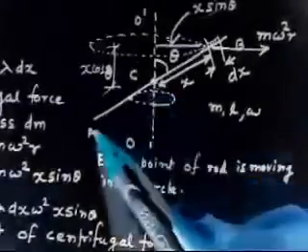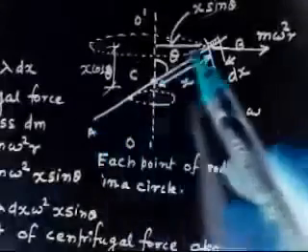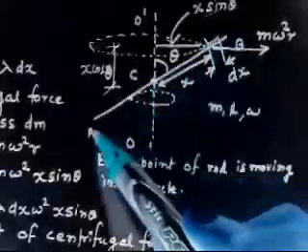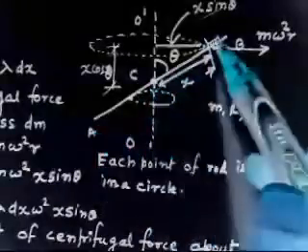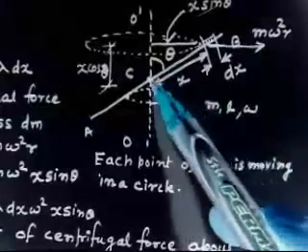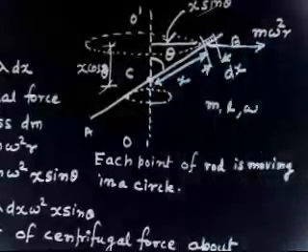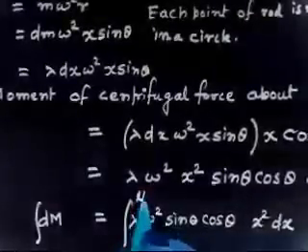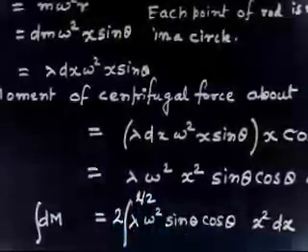To find the total moment, I have to integrate this over the length of the rod. On this side I will have negative x, so this is minus L by 2, and this side is plus L by 2. The total length of the rod is L. Or you can do it the other way around: integrate from 0 to L by 2 and then multiply by 2, because by symmetry the moment of this side will be the same as the moment of this side.